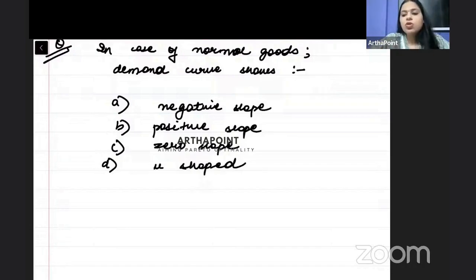In case of normal good with income, the demand curve shows which of the following? What do you think is the answer? Very simple question. It is just the law of demand. And the law of demand simply says that the demand curve will be downward sloping. So absolutely correct for all students who are saying A. The answer to this question should be downward sloping or negatively sloped.